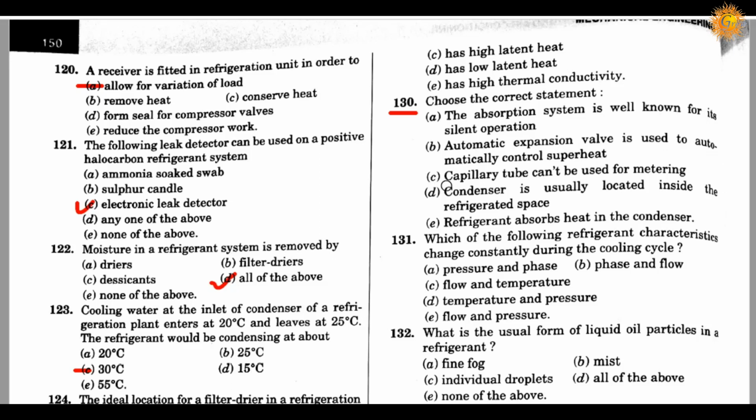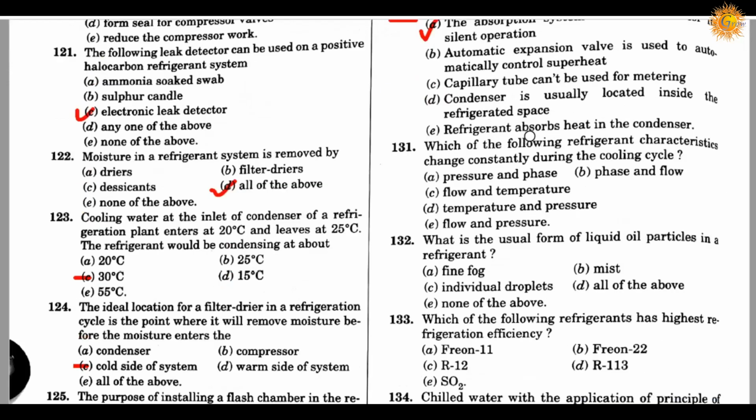Option C, capillary tube can't be used for metering. Option D, condenser is usually located inside the refrigerated space. Option E, refrigerant absorbs heat in the condenser. So the correct answer is A. The absorption system is well known for its silent operation.